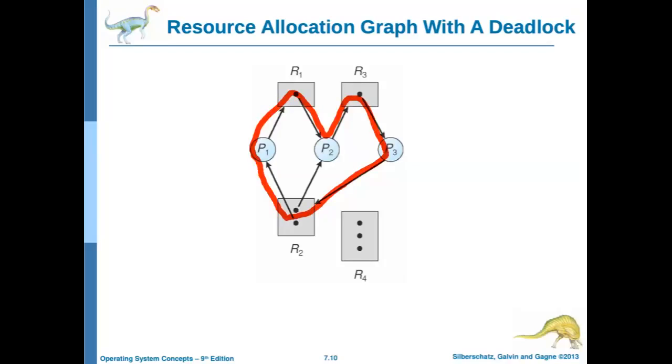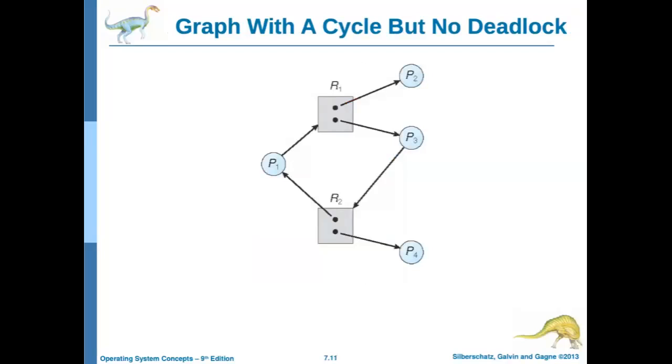This cycle definitely gives a hint about the deadlock. So this is resource allocation with a deadlock. This is how graphs can be used to demonstrate it.